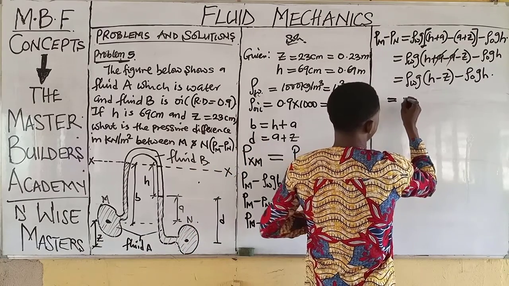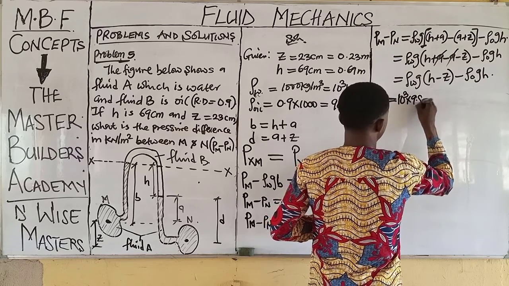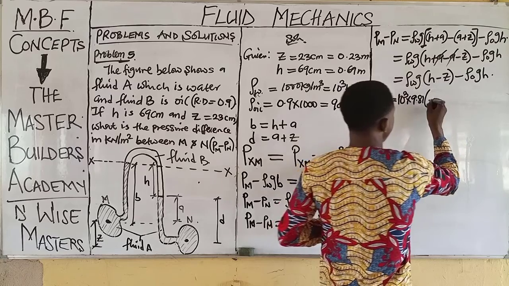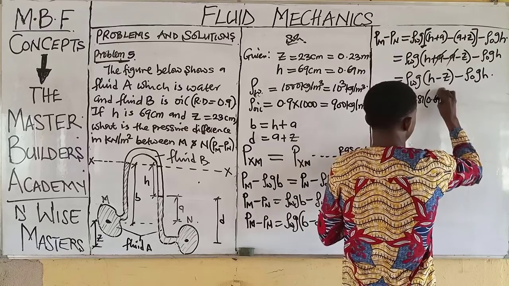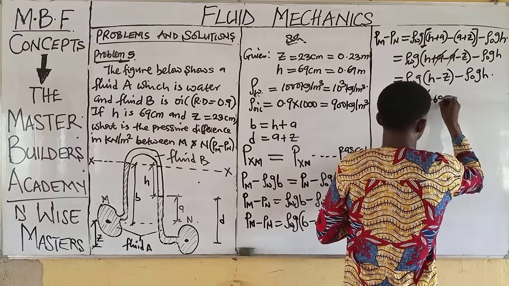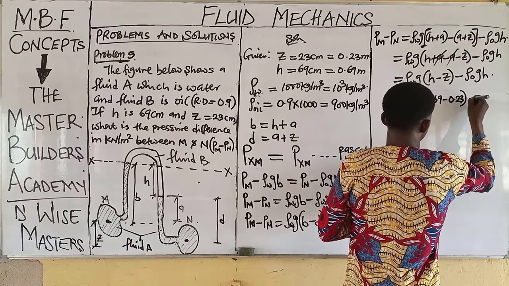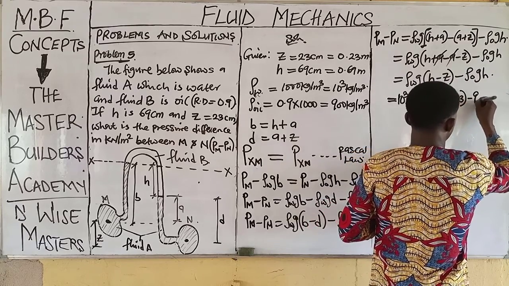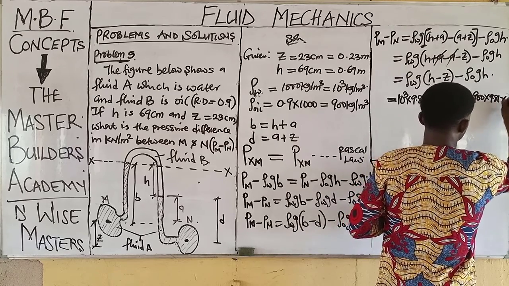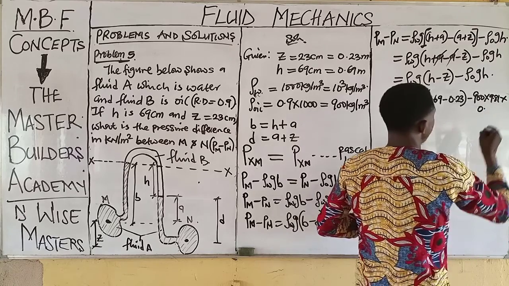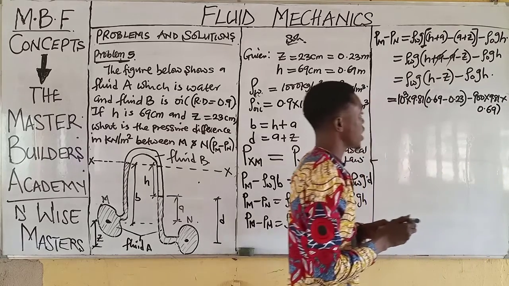So at this point, we put in the density of water, which is 10 to the power of 3, multiplied by 9.81, multiplied by H, which is 0.69, then minus the value of Z, which is 0.23. Then minus the density of oil, which is 900, multiplied by acceleration due to gravity 9.81, multiplied by 0.69, which is the height of the oil.